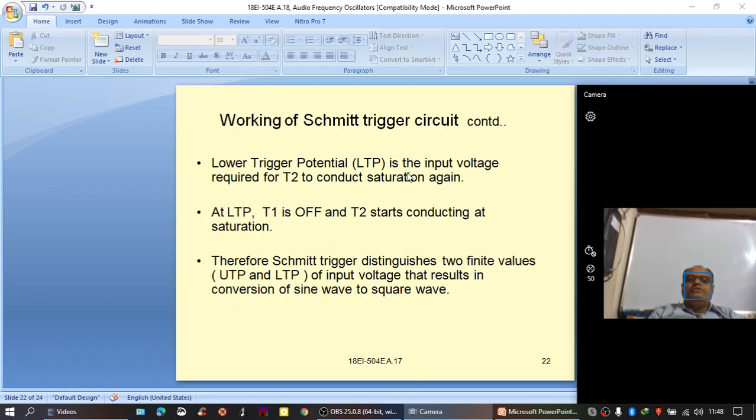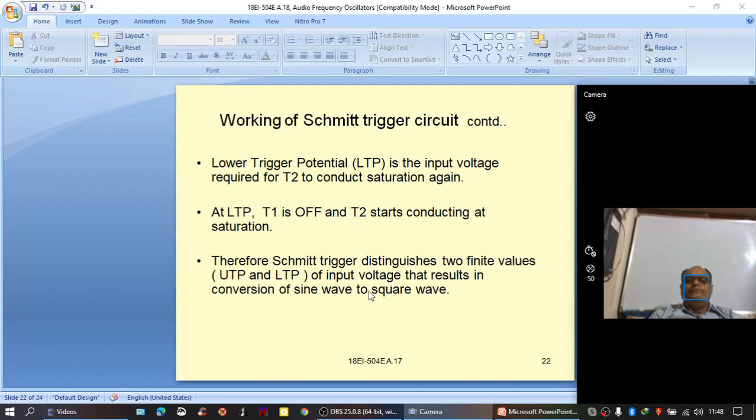Lower threshold potential is the input voltage required for the transistor T2 to conduct in saturation again. At LTP, that is at lower threshold potential, T1 is off and T2 starts conducting at saturation.